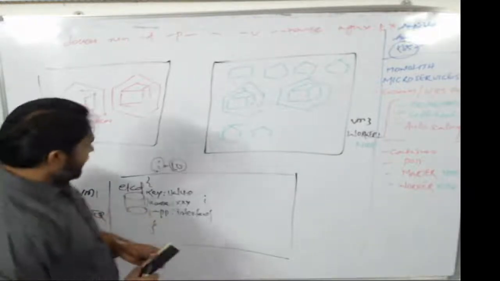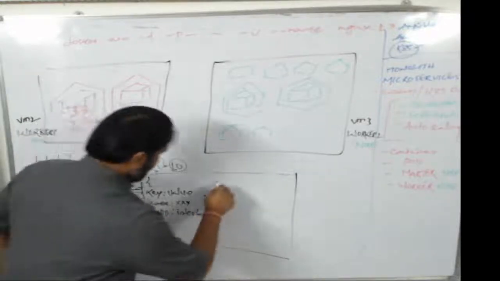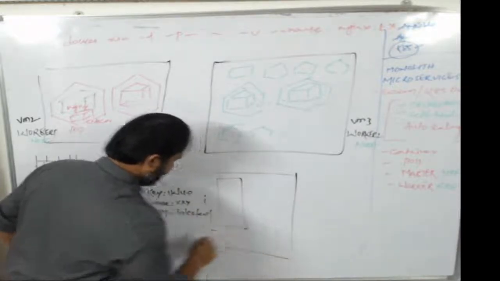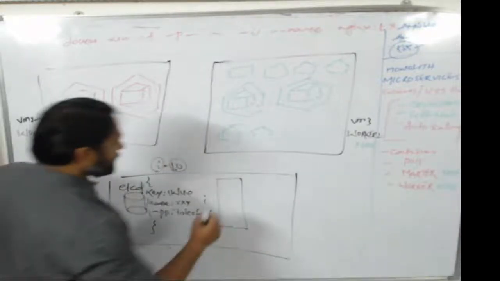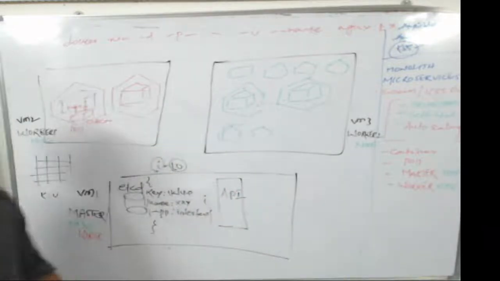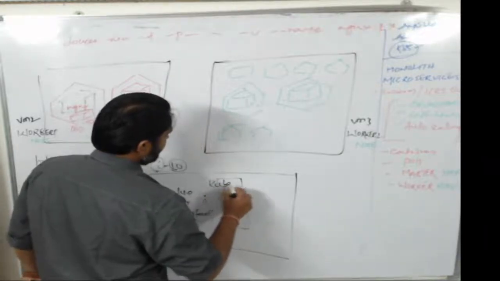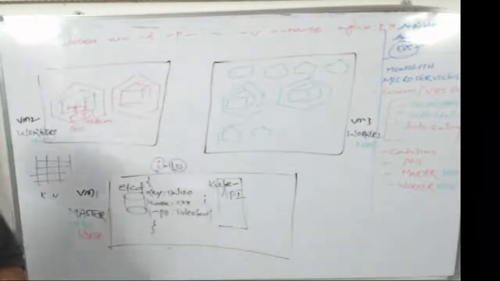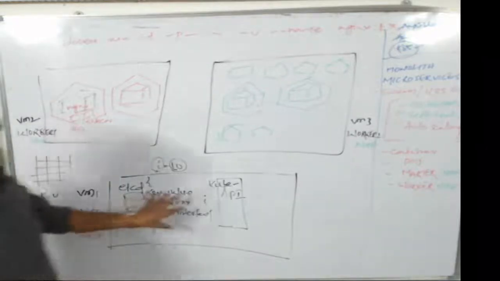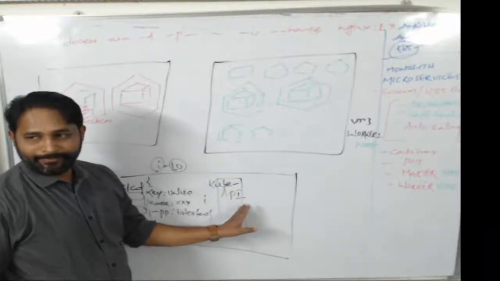So etcd. Now the database is kept or gatekept by another component, a gatekeeper to the database. This is the API server. This is called Kube API. Anybody who wants to talk to the database should go through the gateway.